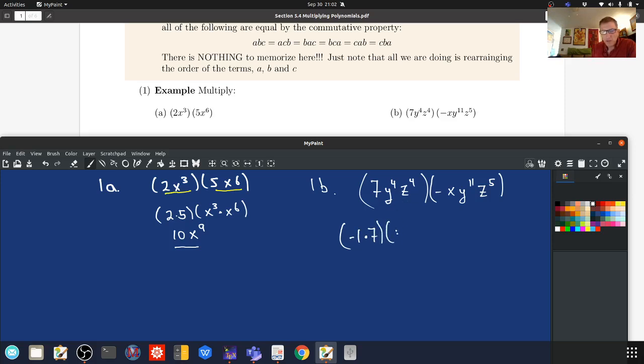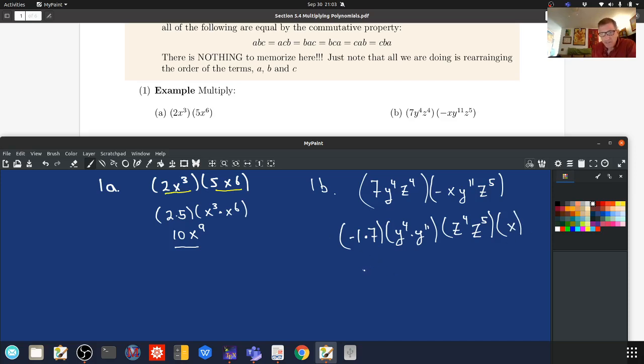Then I'm going to put all of the y terms together, and then all of the z terms together. And you don't have to go in alphabetical order. And you can see I haven't. That's supposed to be z to the fifth. I have not gone in alphabetical order because my lone x term is out there at the very end.